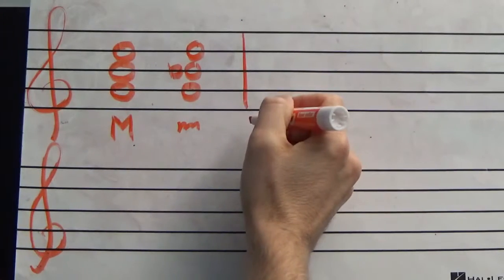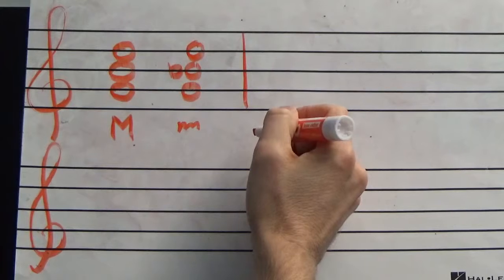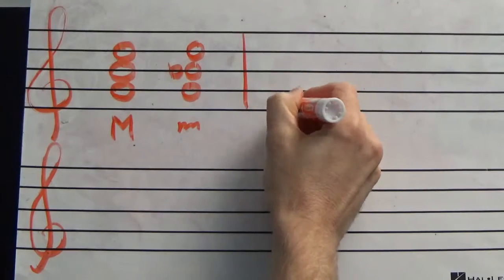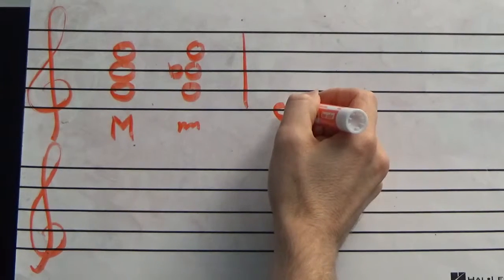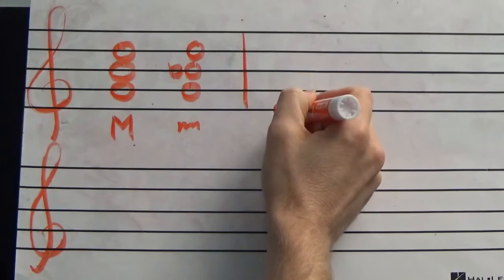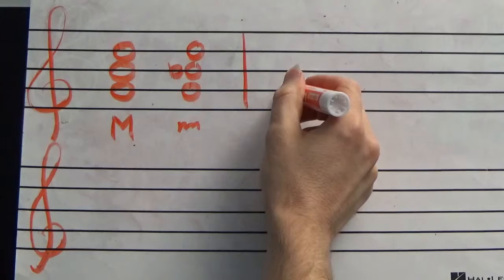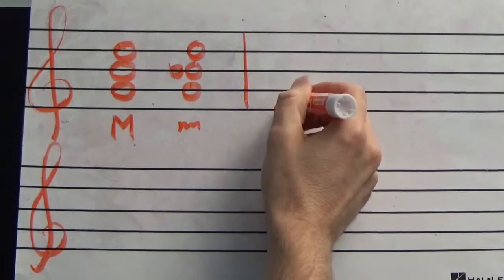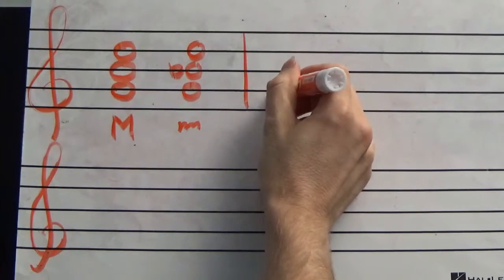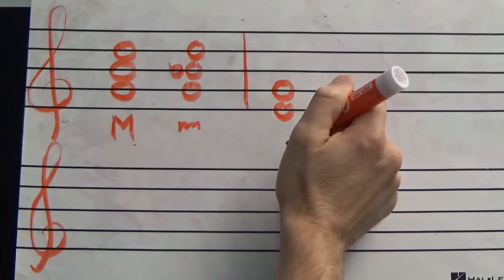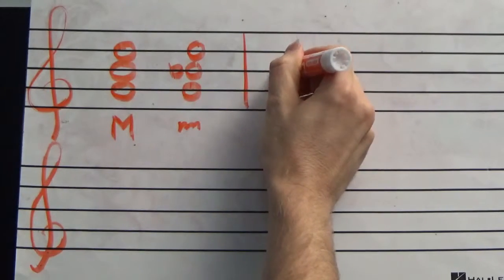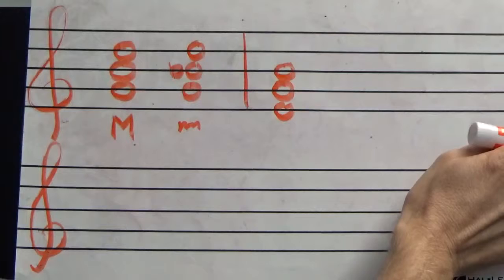The next chord we heard was beginning on E. That sounds minor. Now let's see. E to F is a half step, and F to G is a whole step, so that's got a half step and a whole step. So E to G must be a minor third already. Don't have to do anything to that.